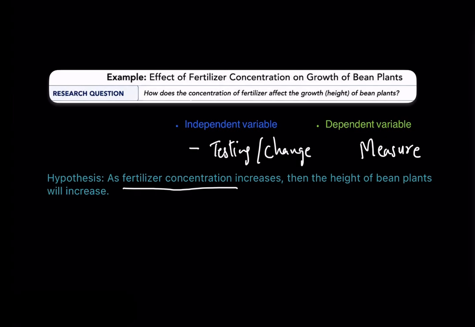We are testing for the concentration of fertilizer. So that's our independent variable. All right. And we're measuring the height of bean plants over a period of time. And that's therefore the dependent variable.